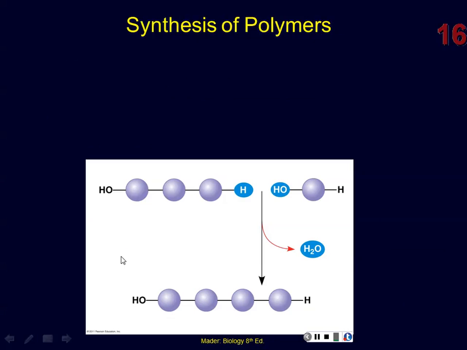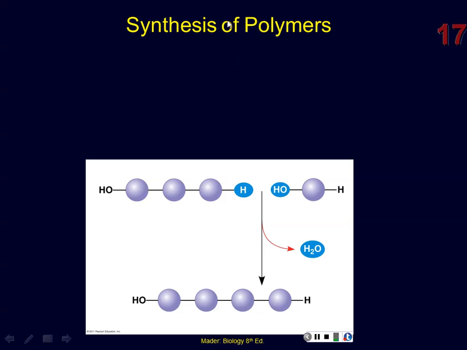Okay, let's talk about how to build these molecules before we get into the individual classes of organic molecules. It doesn't matter if we're talking about building a carbohydrate or building a protein or building a nucleic acid. The reaction to build all of those molecules is basically the same, okay? To synthesize a polymer, remember your prefix SYN means to put together.